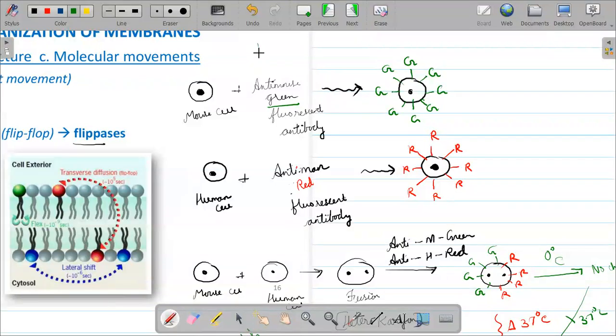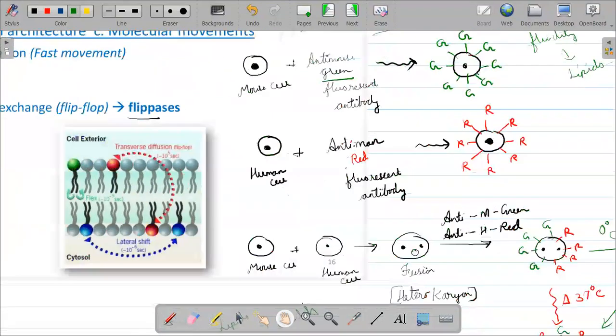So this says that the plasma membrane is dynamic, always active, and the fluidity of the plasma membrane is because of lipids, because lipids solidify at low temperature. So there was not much net molecular movement of the green and red antibodies, whereas in the others they were able to see some movement. Are you able to understand this experiment?